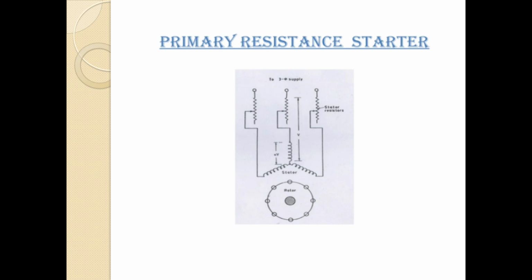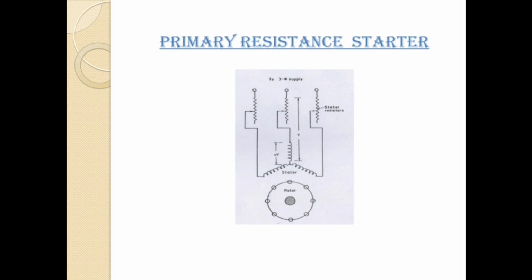This reduced voltage is given to the motor terminal. The reduced voltage limits the starting current. If the voltage across the terminal is reduced by 50%, then the starting current is reduced by 50%, but torque is reduced by 25% of that at full voltage.